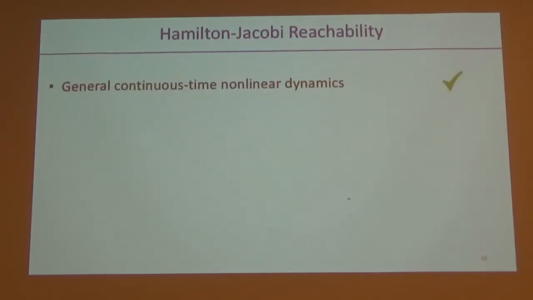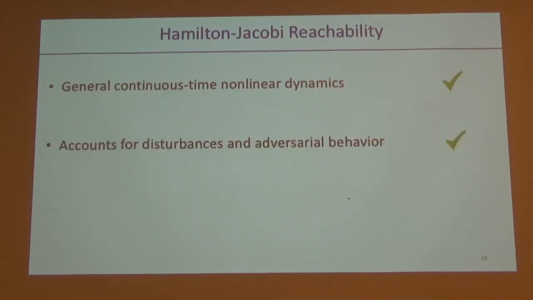One, it can handle general continuous-time nonlinear dynamics of this system. Two, it can account for disturbances and adversarial behaviors, which is key in safety-critical applications. And third, we aim to compute the exact reachable set as opposed to some of the approximations of the reachable set, which can be conservative in certain scenarios.